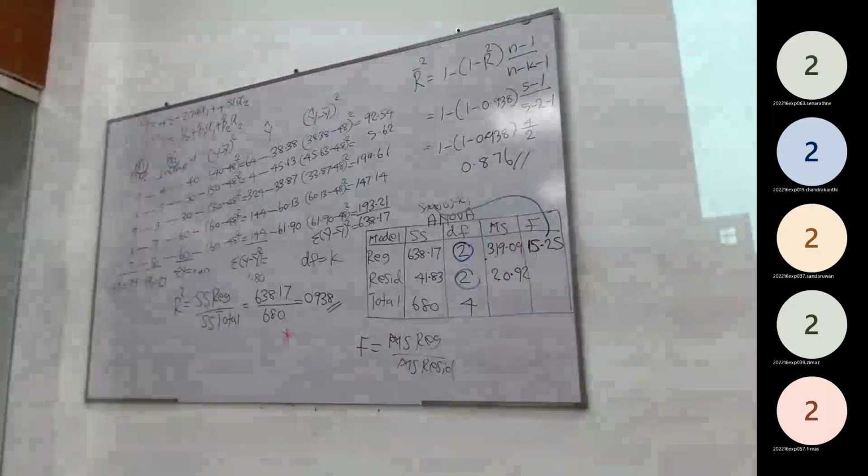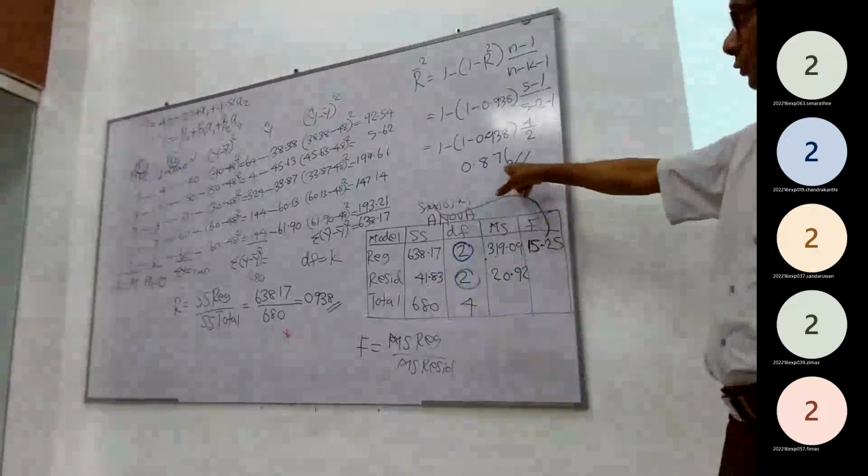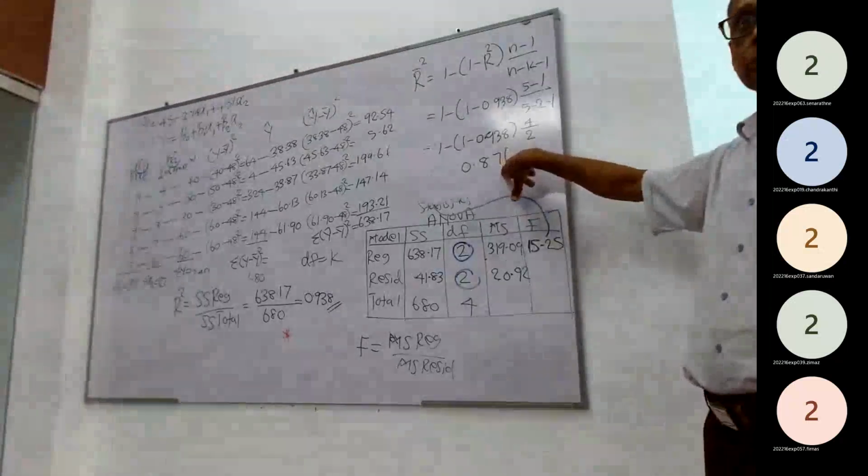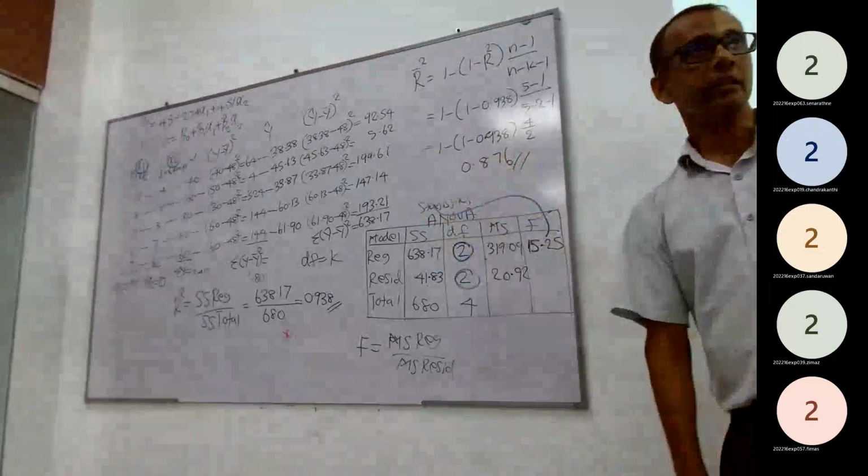Right, then interpret. 87.6% of demand has been explained by the model. Now we write.